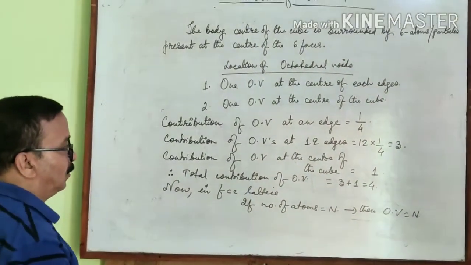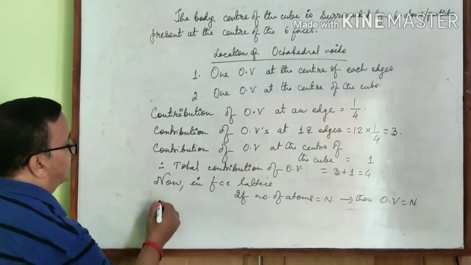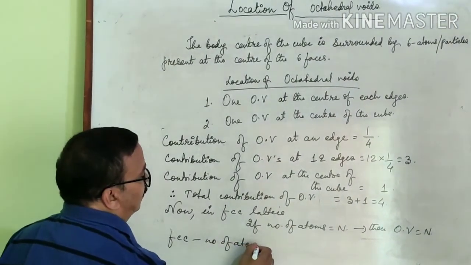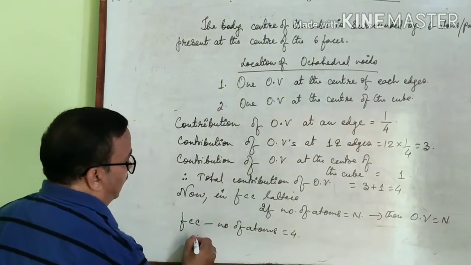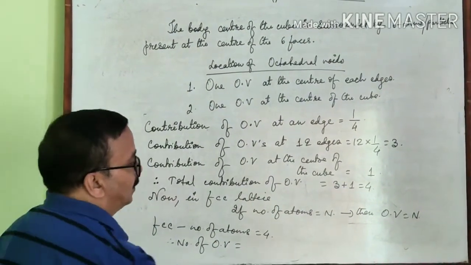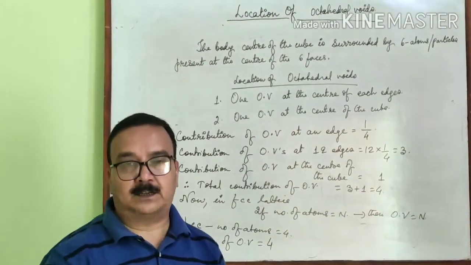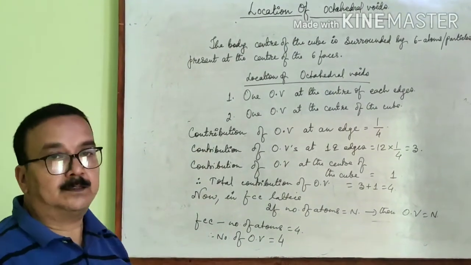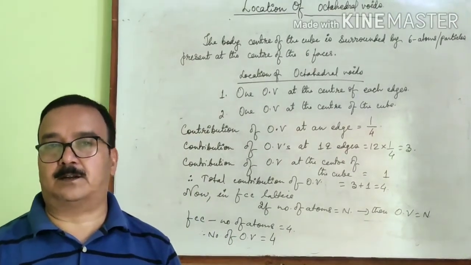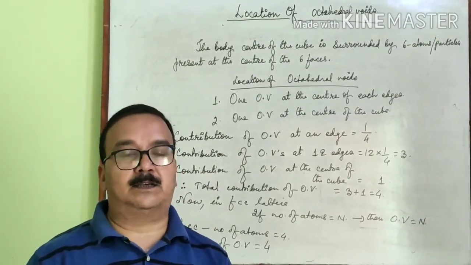Here also we are observing that in case of an FCC lattice, the number of atoms is equal to 4, and the number of octahedral voids formed is equal to 3 plus 1, that is 4. In this way we can validate the formula: the number of tetrahedral voids is equal to 2n, and the number of octahedral voids is equal to n, where n is the number of atoms, particles, ions or molecules.